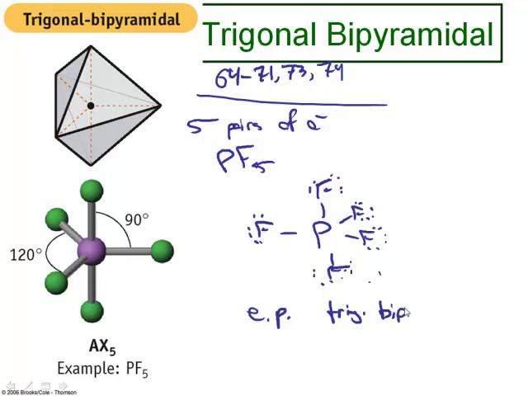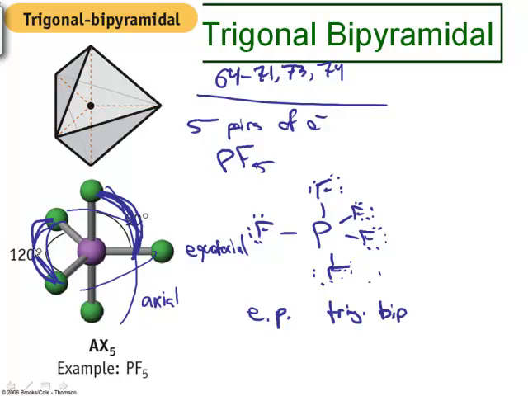Now, what's weird about this geometry is that you have basically 2 sets of positions. You have these here, which I told you yesterday are called equatorial. These here are called the axial positions. There's a 90-degree separation between the axial and equatorial ones, but the ones along the equator have 120 degrees of separation between them.